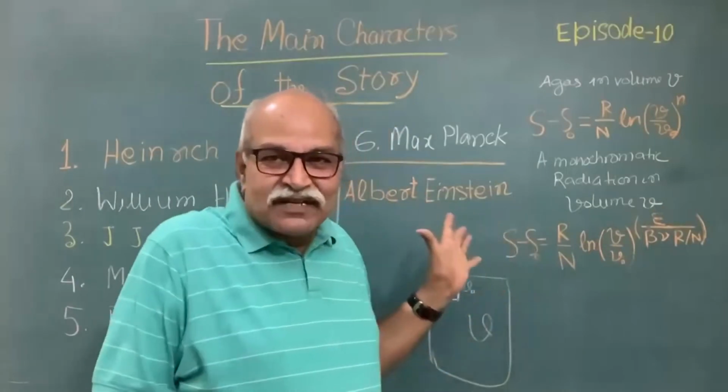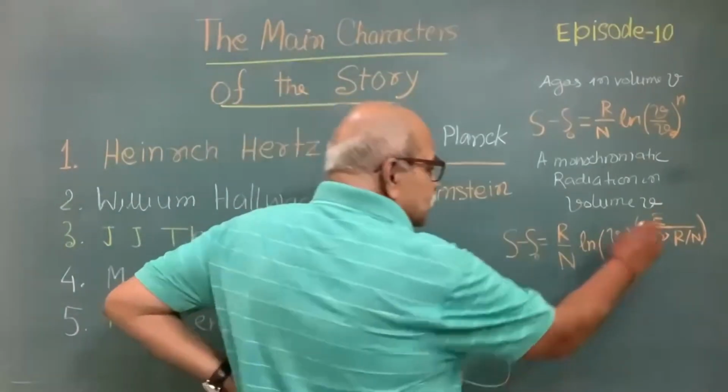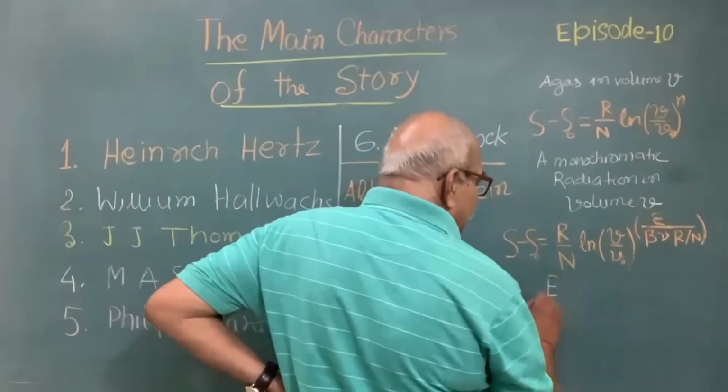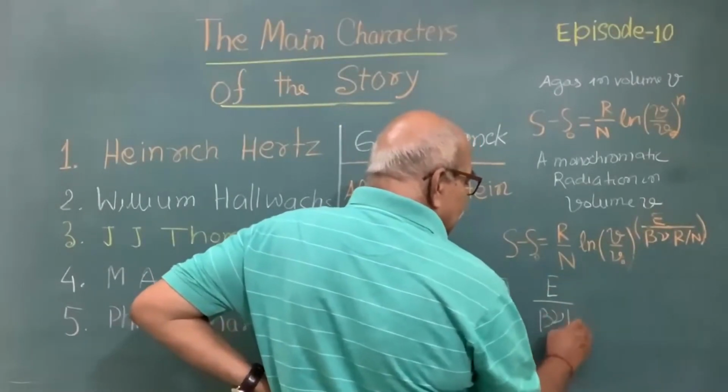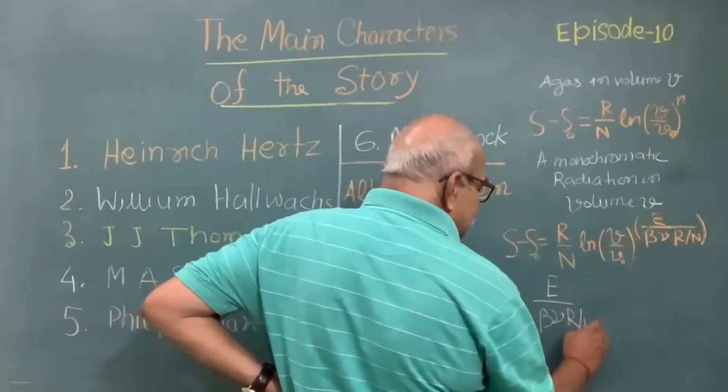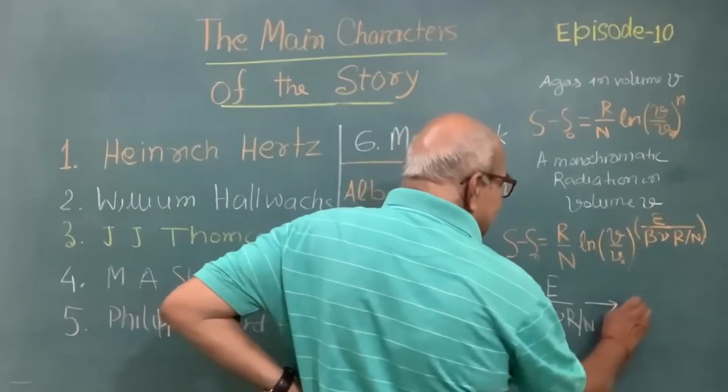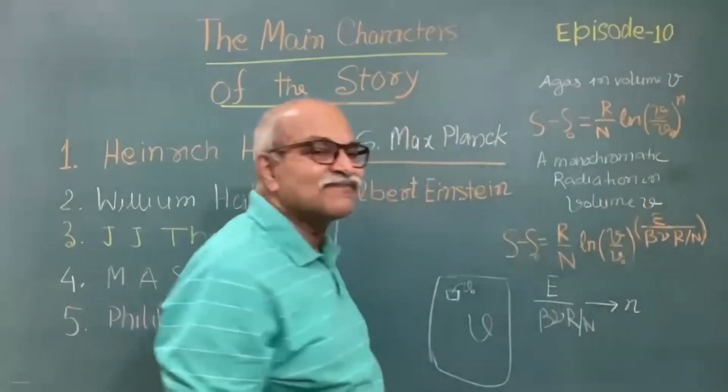Okay, same structure. Now this E by beta nu R by N is taking the place of this small n.